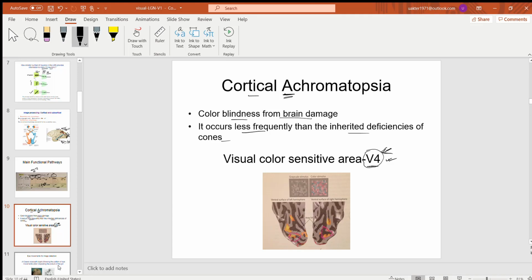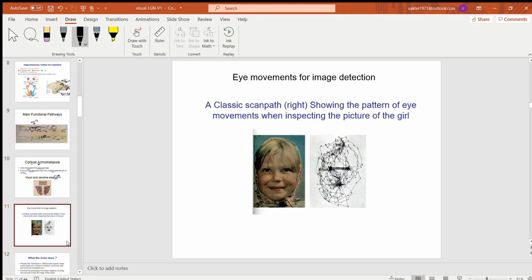This is something interesting. When we look at something, you know that your eyes are always producing microsaccades. You must remember we talked about the movement of the eyeball, right? Conjugate saccade, pursuit, and microsaccade.